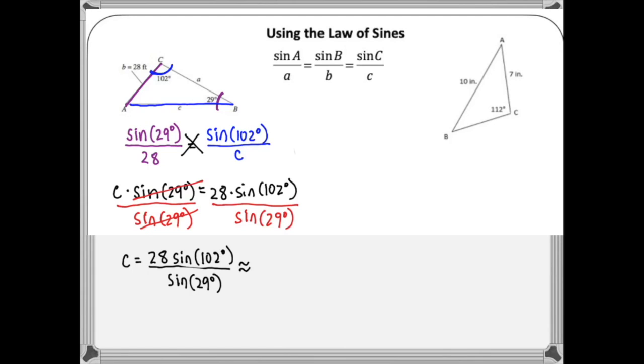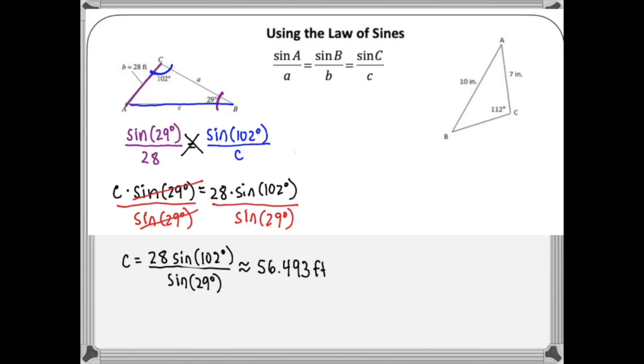Putting it into our calculator, we're going to get 56.493 feet. And that is how we will set up the law of sines for finding a side, just looking for opposites.